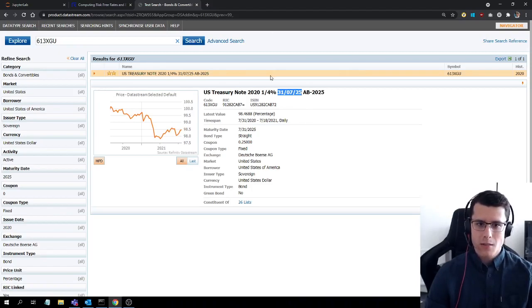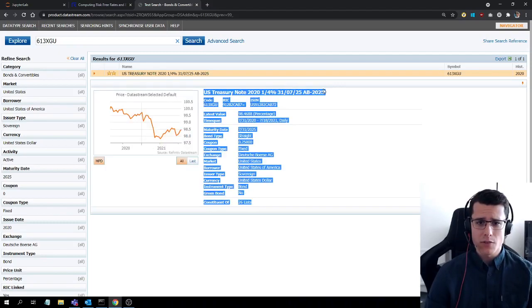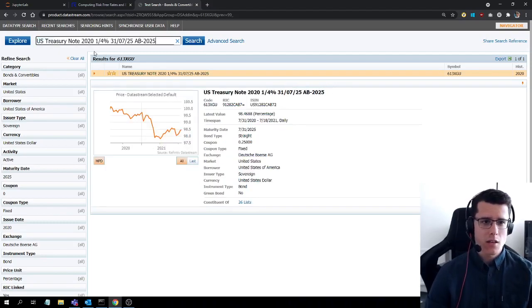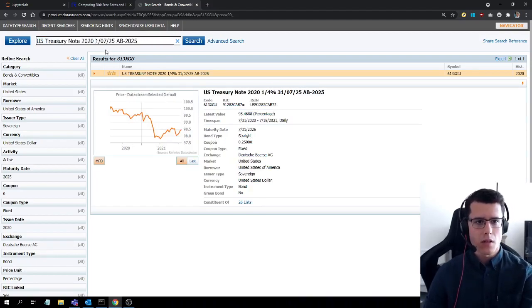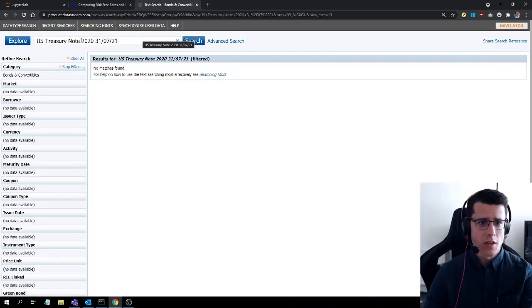Okay, so that's the US Treasury note that I found, but you might be wondering, how did I find it? What did I search for? You can go ahead and search for stuff in there. So for example, if I do US Treasury note, then 31st of, I have no idea, 2021, why not? I don't know if there is such a note. There you go, there's none.